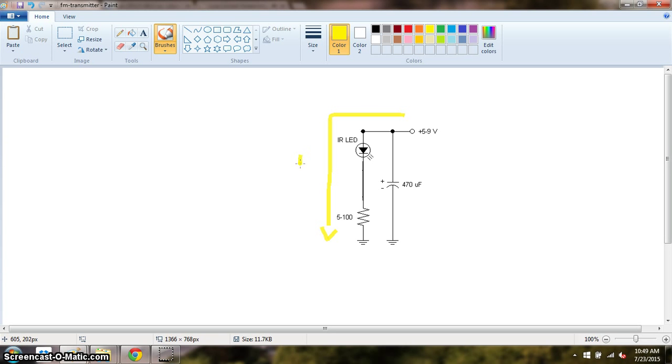That's my current. It looks more like notebook annotations. So my current is going to flow, and this will make this one.